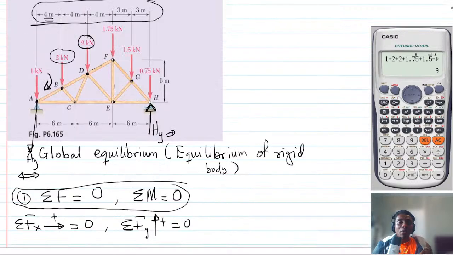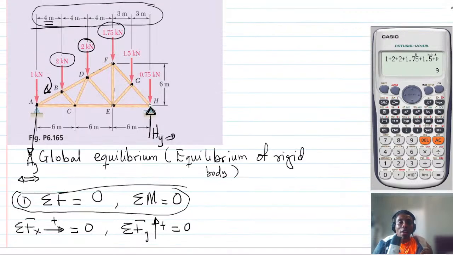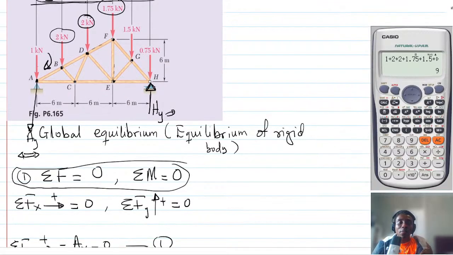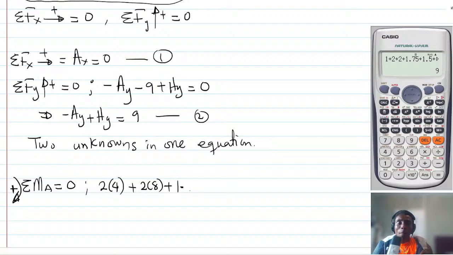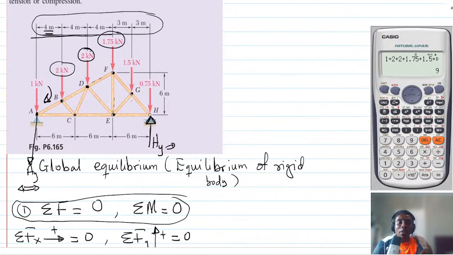Again, we have 1.75 multiplied by 4 plus 4 plus 4, which is 12. Again, we have 1.5 multiplied by 12 plus 3, which is 15.